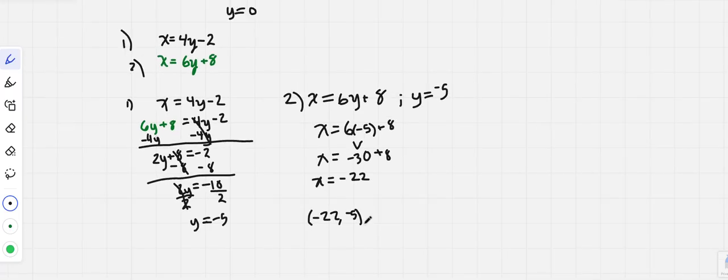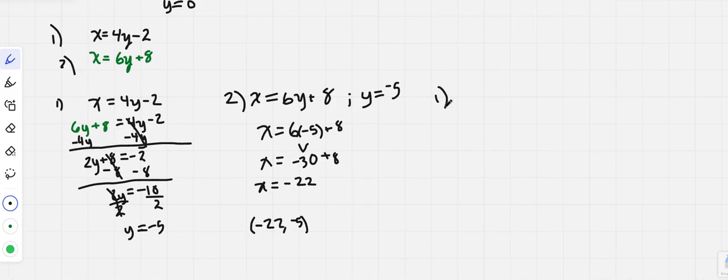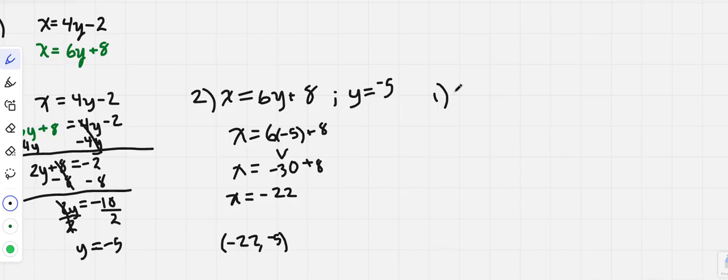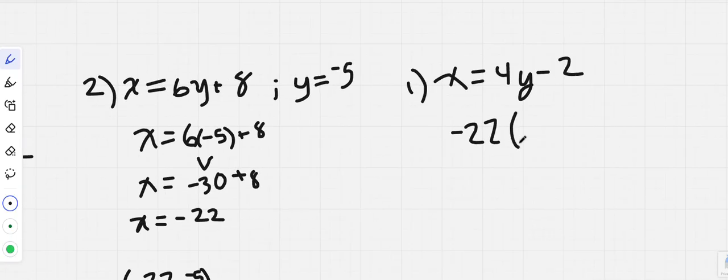We can check that and plug that into one of our equations. Let's plug it into equation 1, which is x equals 4y minus 2. We said x is -22 and y is -5.